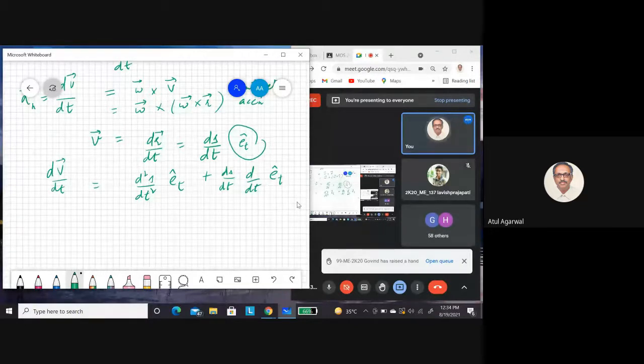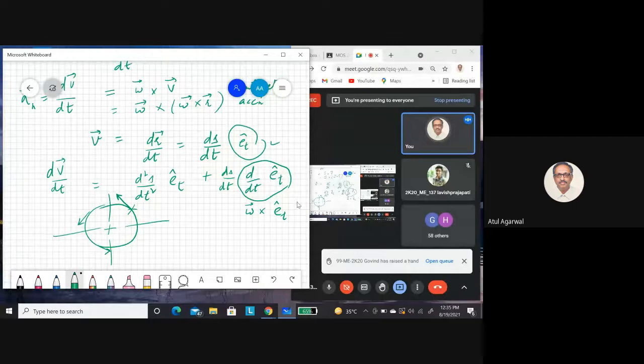Anybody has any question? Now, I had a circular motion. At this point of time, the direction of the velocity is et. Now I want its time derivative. You see, this is a vector of constant magnitude, and it is rotating with angular velocity omega. So I can say this. No problem.